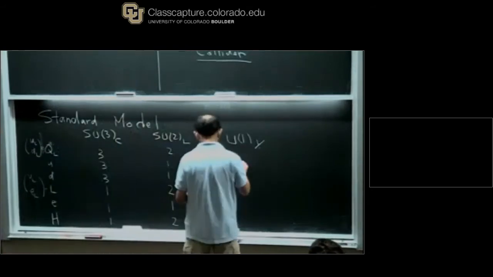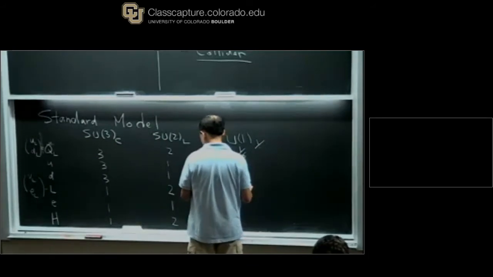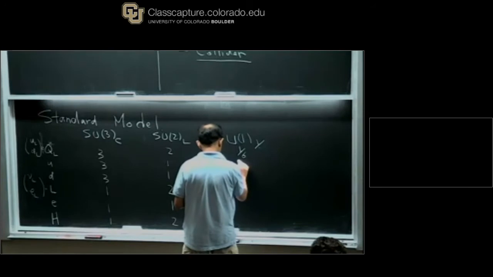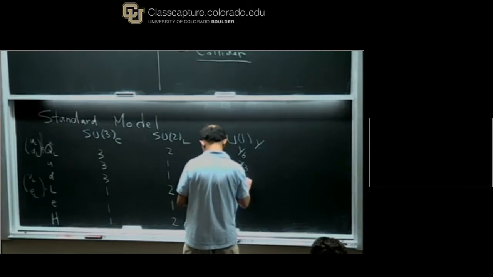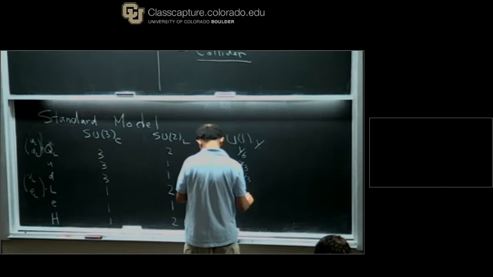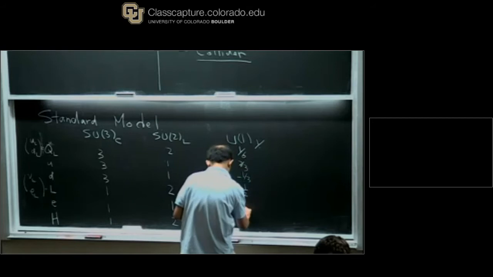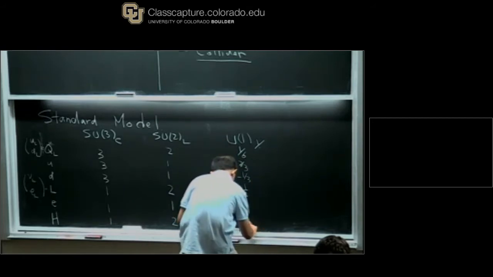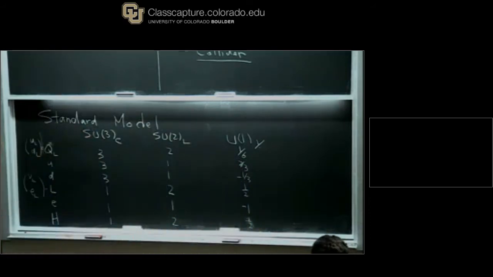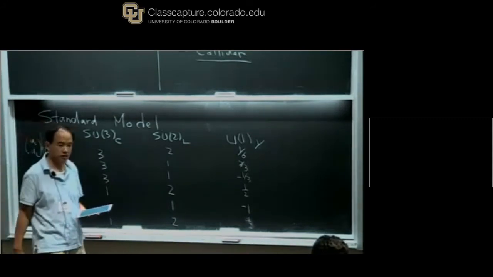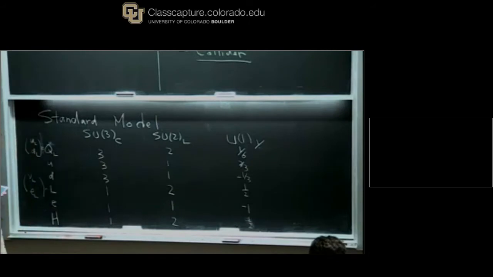And the U(1)_Y charges are 1/6 for the doublet, and so on. These are the quantum numbers relevant for the gauge interactions. Any questions about this? I hope this is good.